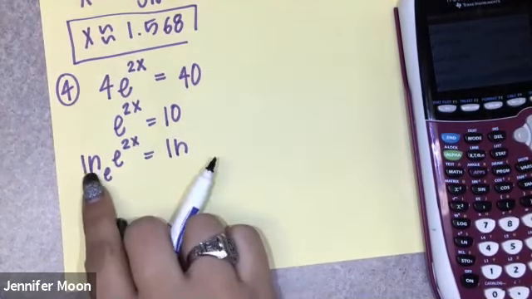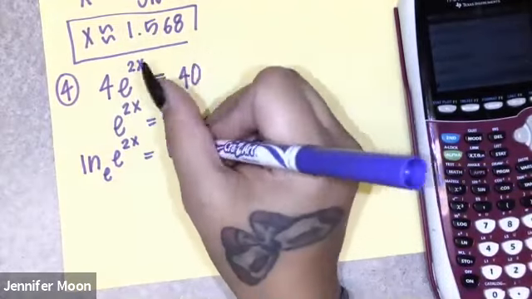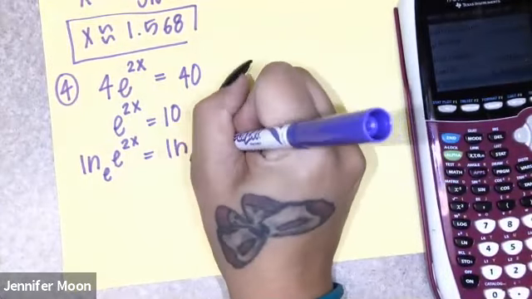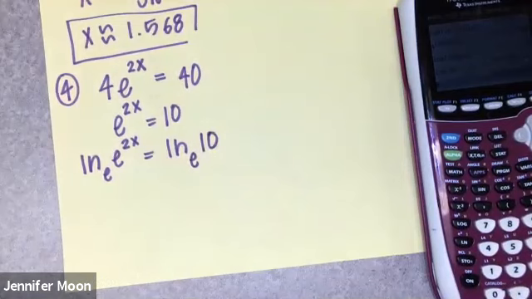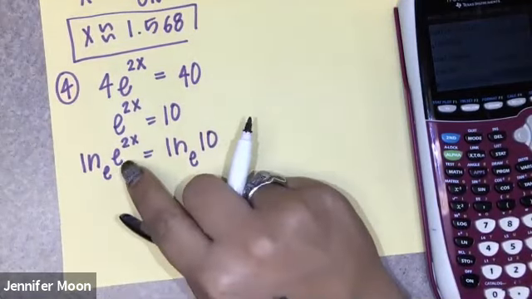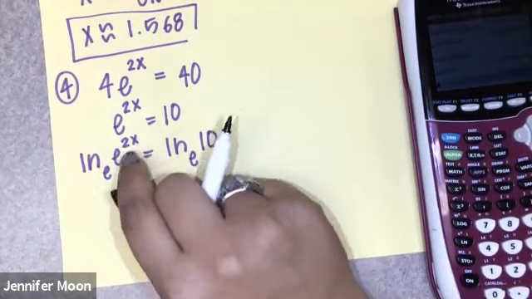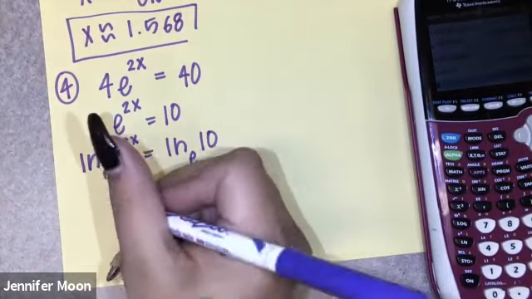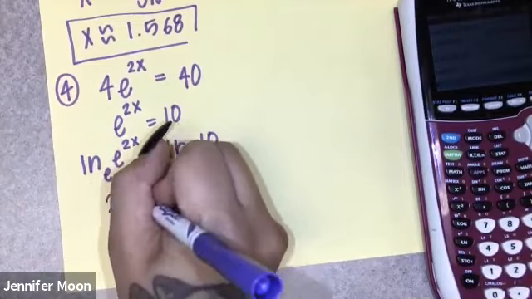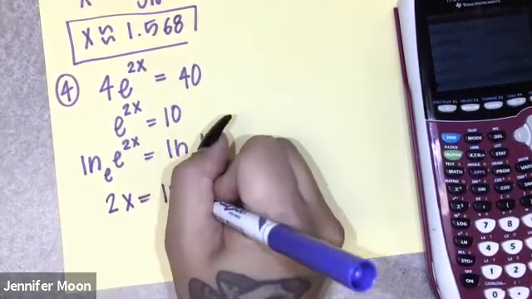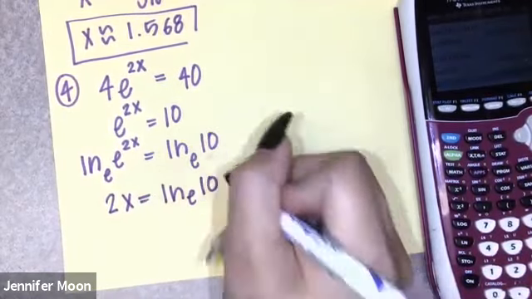But e can also be written as natural log, base e. Do you see how now there's that property? It's just the exponent that remains. So it's just 2x equals natural log of 10.